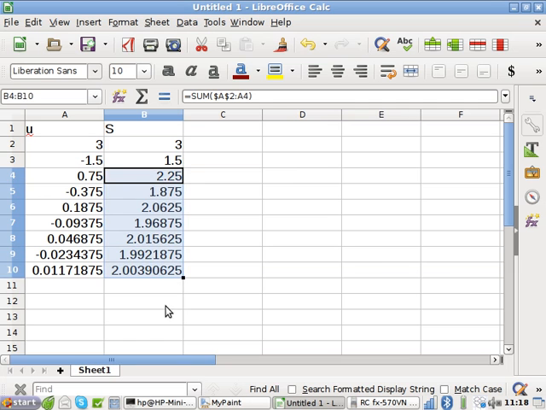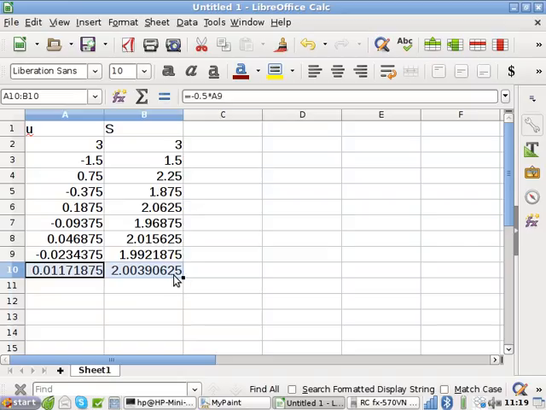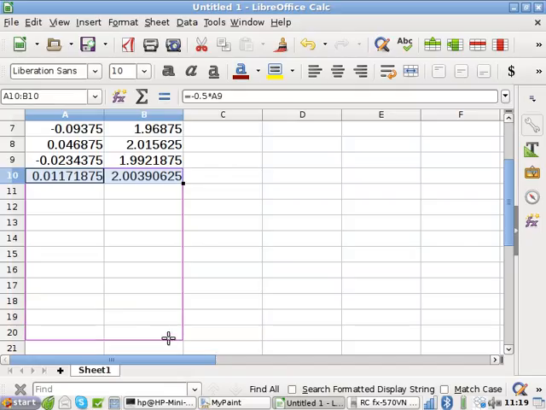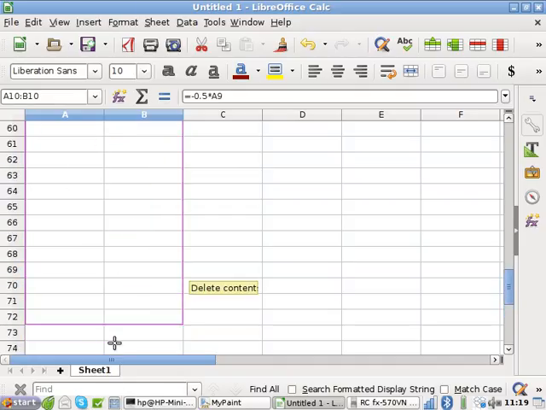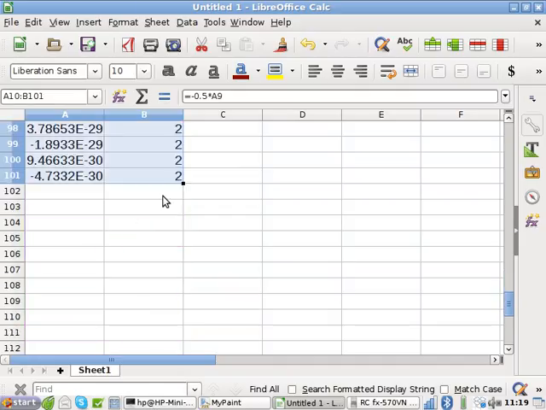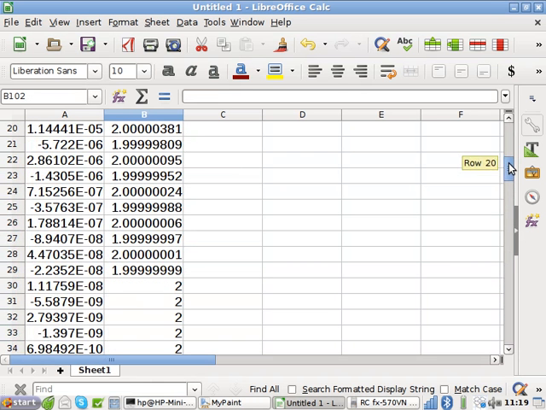Okay. Let's pull this down here. So what did I say the limit should be when you add them all up? 2. So let's continue the sequence to a big number. Let's say like 100. Why does it go up and down? Because the plus and the minus is making it alternate between the two. Let's go to a large number like 100 terms. So can you see very quickly it reaches the 2. It's not technically at 2, just very close to it.